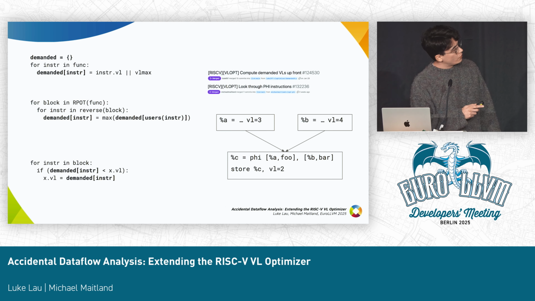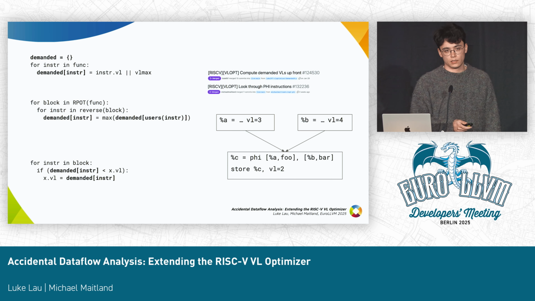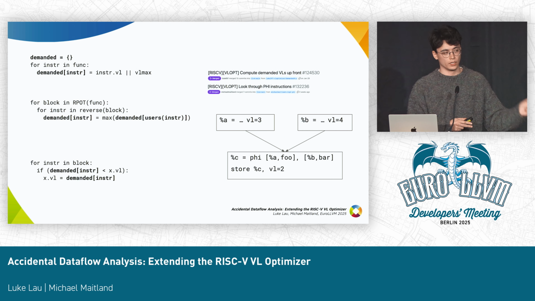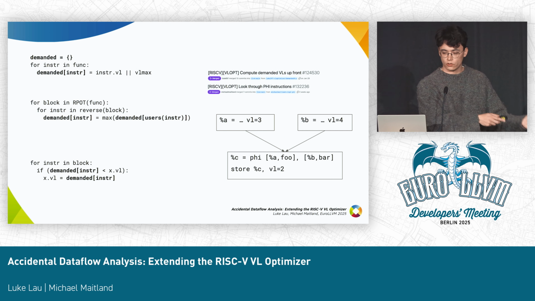So the first thing that we extended was that we split this optimizer into two parts. We created a map which mapped instructions to the VL that they demand, and we then did the analysis. It's the same thing where we're just computing the maximum VL demanded from its users.